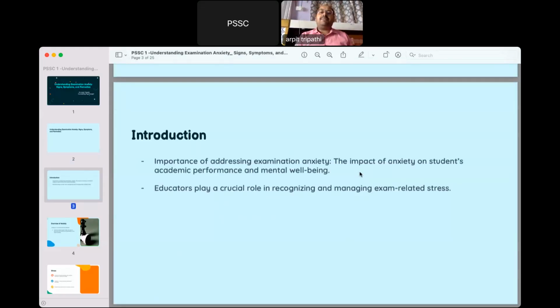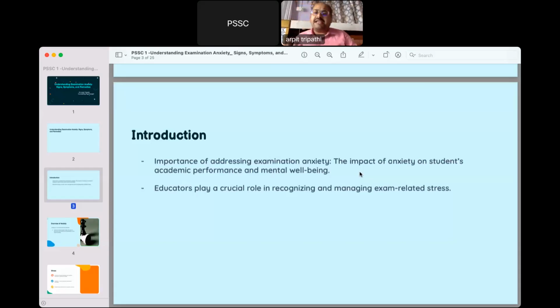So while we talk about examination anxiety, the impact of anxiety on students' academic performance and mental well-being matters. In this situation, when it comes to addressing examination anxiety, the educator plays a very vital role in recognizing and managing examination-related stress.